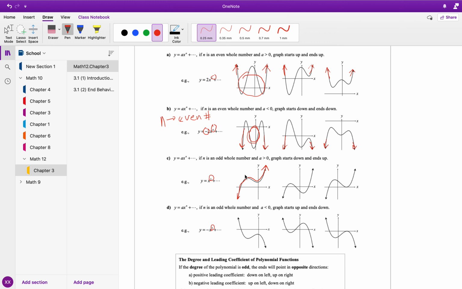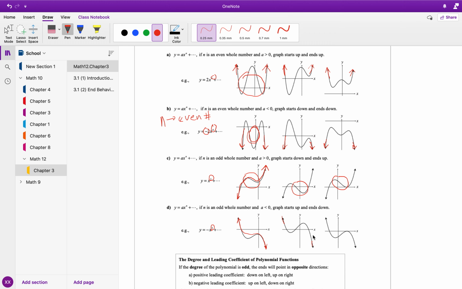Now in between, again, how it behaves, we're not worried about it. So this goes up, but however, if it's a negative, then this is going from the second quadrant down to the fourth, and this is going down. So again, this is down, down. This is down and down.